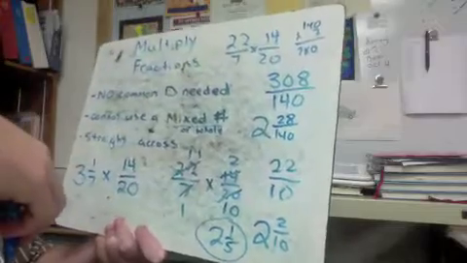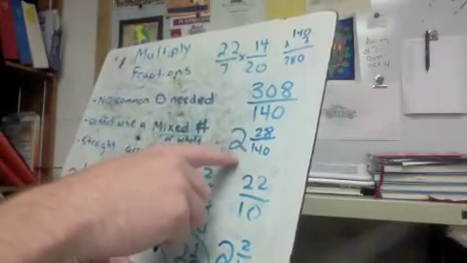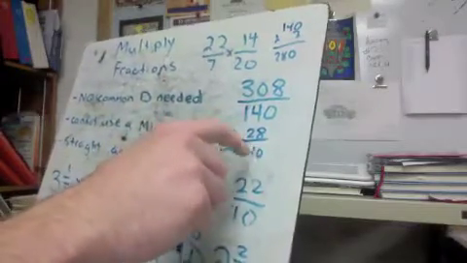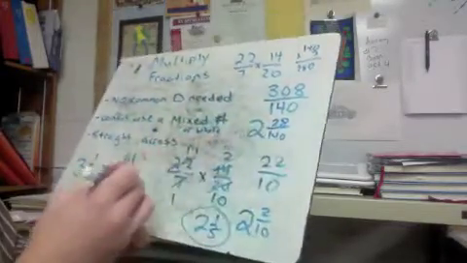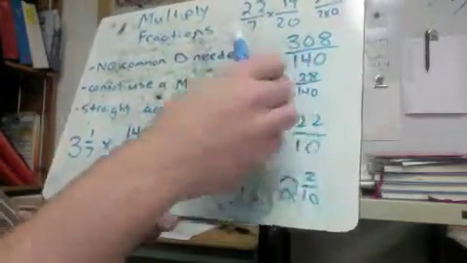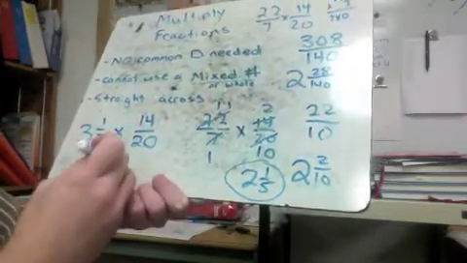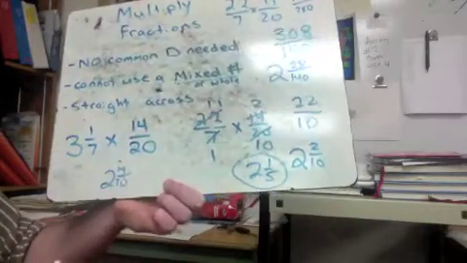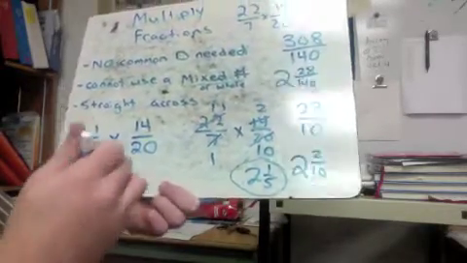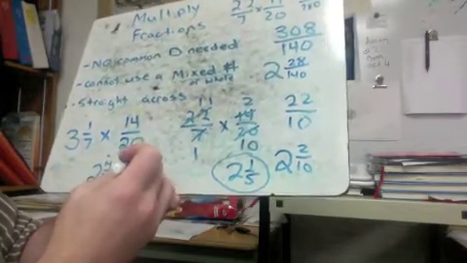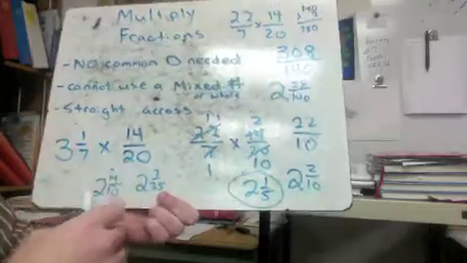Okay, so now we just need to reduce, and let's see here. 2 goes into both of those. So we're now down to, let me see if I can write it down here. We're now down to 2, and if I cut both of those in half, I'd have 14 and 70. Okay. Cut both of those in half, I've got 2 and 7, 35.